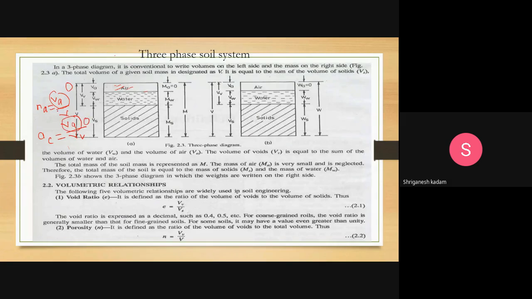So both these quantities, percent air void and air content, will be zero for the saturated soil. In 100% saturated soil, only two phases are available, that is soil solid and water. Okay, so this is about the air content.